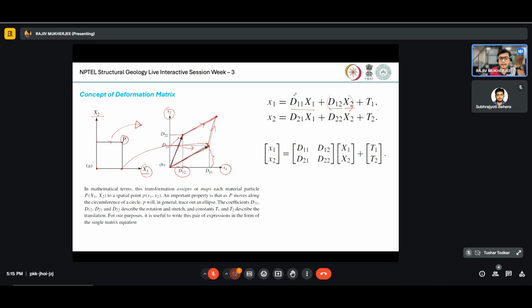So D11 is the coefficient, x1 is the material space coordinate, x2 is also the material space coordinate, plus t1, this is the amount of translation.